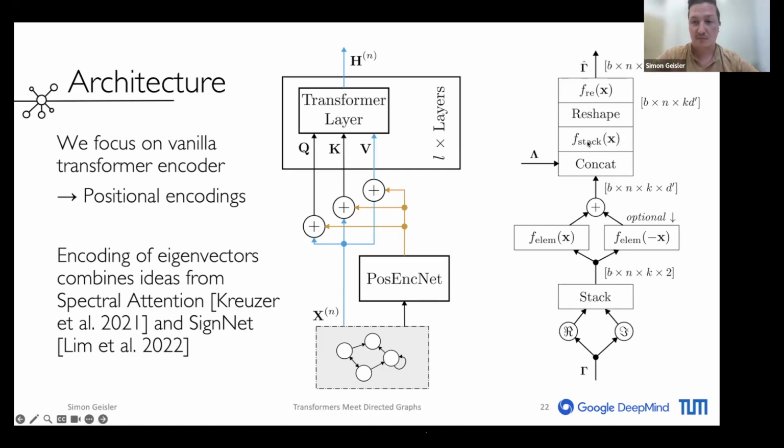Then if you want, you can have a transformer that here is not between the nodes, it's between the different eigenvectors per node. So it's a very cheap operation because this is just of complexity k squared times n. And then we do a reshape and some adaptation to the internal dimension, so just some MLP to harmonize the dimensions.